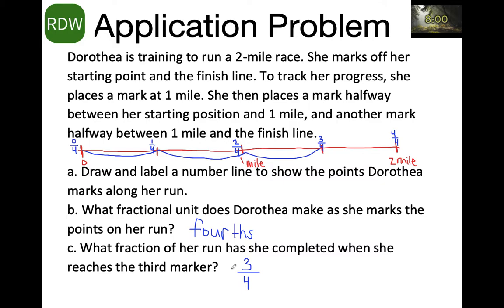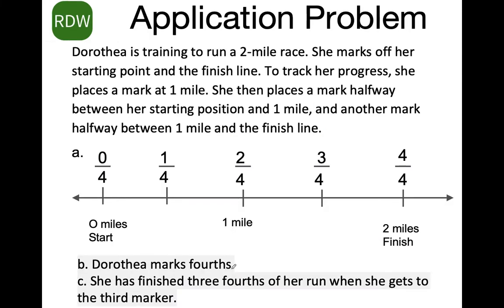I am going to change the slide. I would like for you all to see, I did make my number line look a little bit different on this slide, just a little bit more clear. You can see my labels, and how I answered part A, part B, and part C. For part A, I labeled this as our 0 miles, where she started.